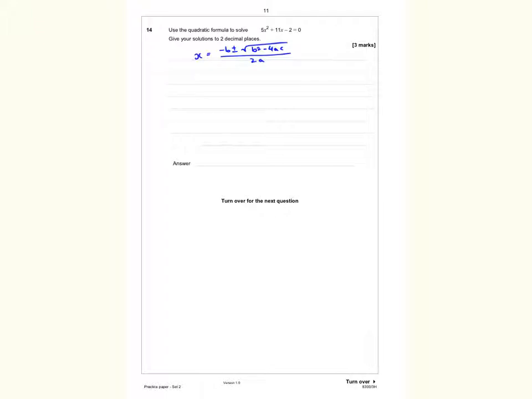So now we're going to substitute, and that's going to give us our first mark. Negative 11 plus minus square root of 11 squared take away 4 times 5 times negative 2 in a bracket, and then this is going to be over 2 times 5.